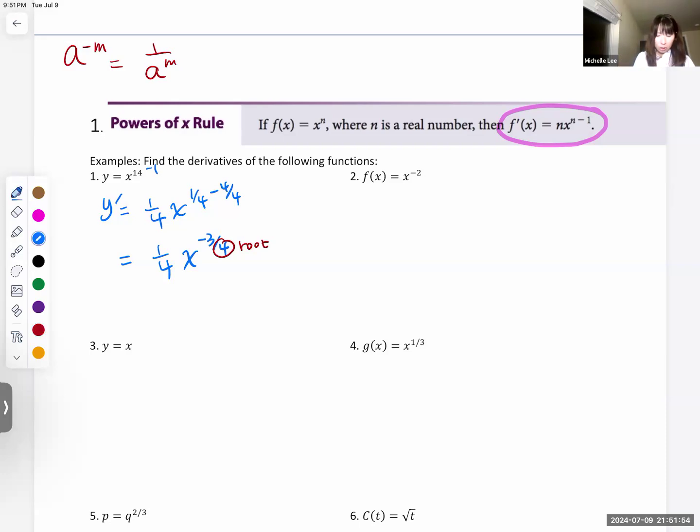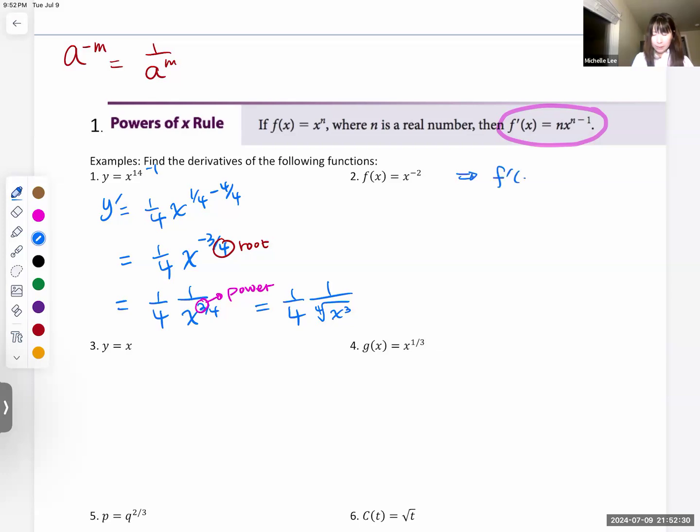So we can express this one as 1/4, 1/x to the 3/4. This will be the root, and this will be the power. So how do we write it? We write 1/4, 1/4 root, x to the 3rd power. Make sense?